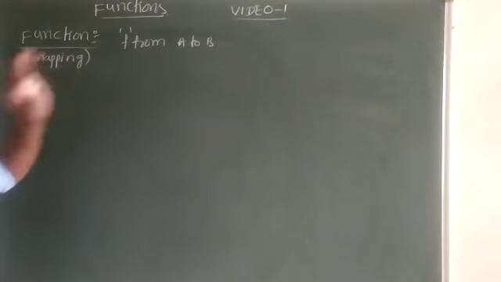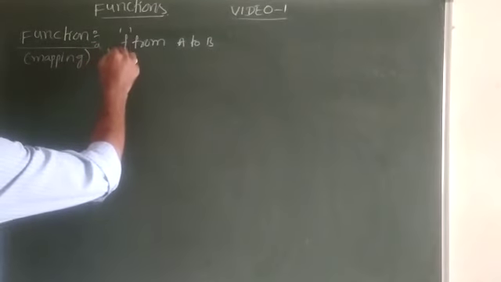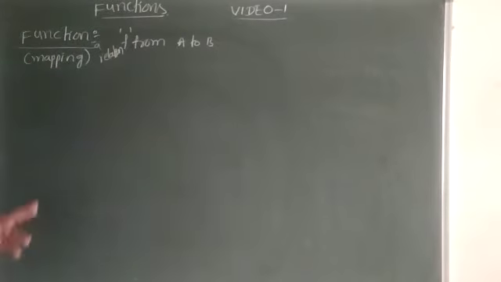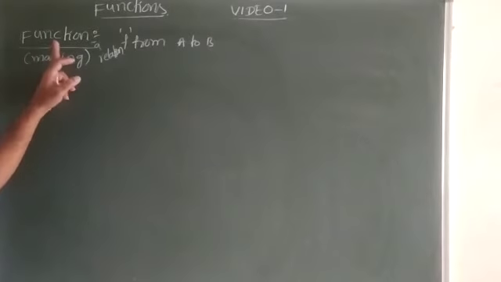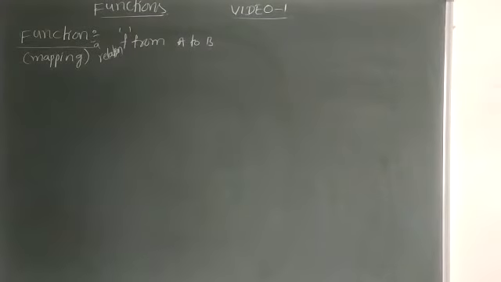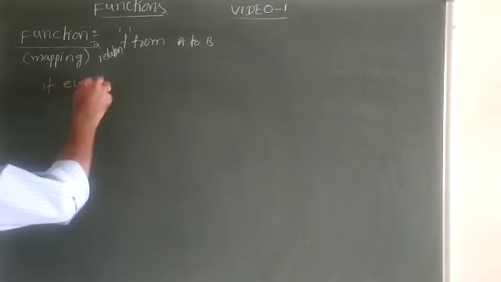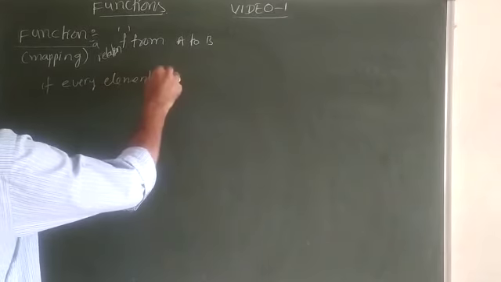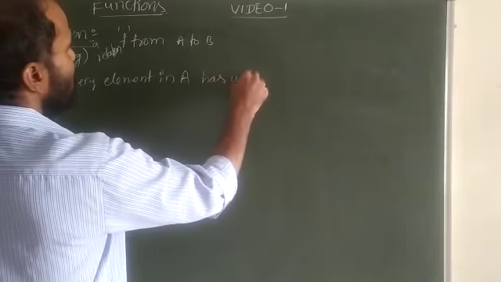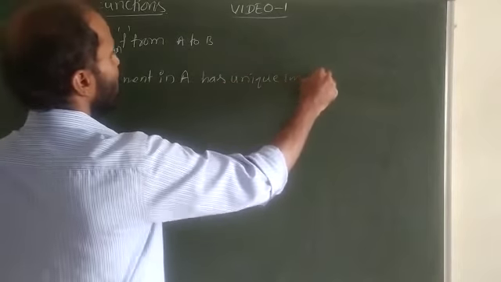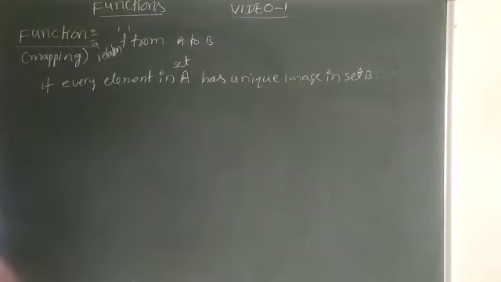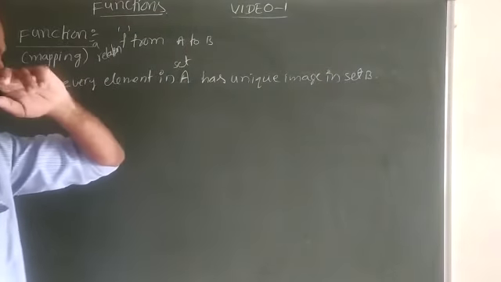A relation f from A to B is said to be a function if every element in set A has a unique image in set B. Then the relation f from A to B is said to be a function.